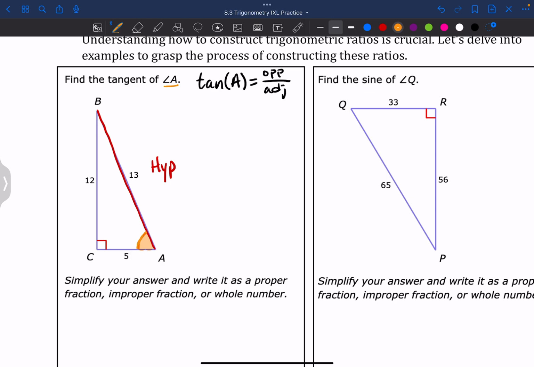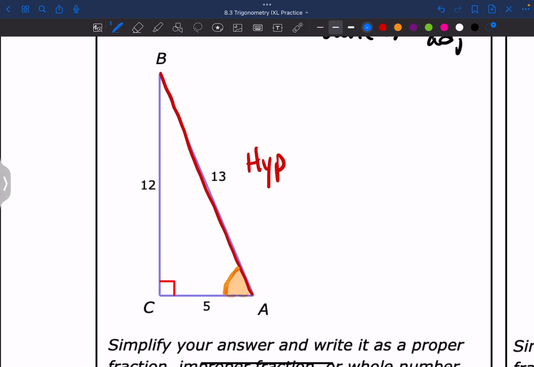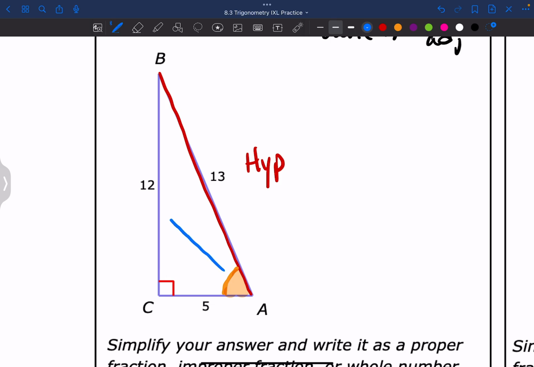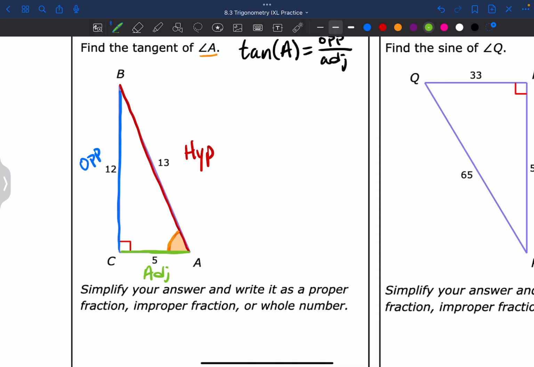The side opposite to it literally is 12. It is not touching it. So this is opposite. The side that is adjacent or next to it, the one that's touching it, is this one right here. This is the adjacent one. And there we go, I have labeled my triangle.